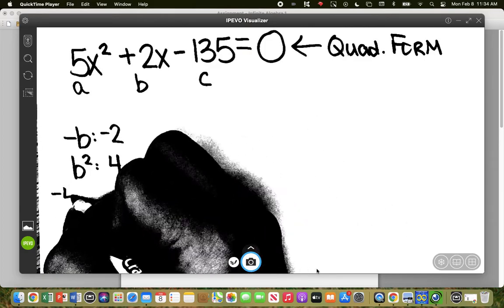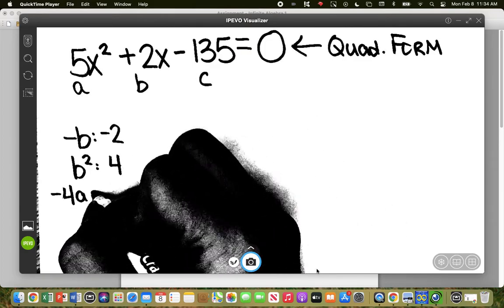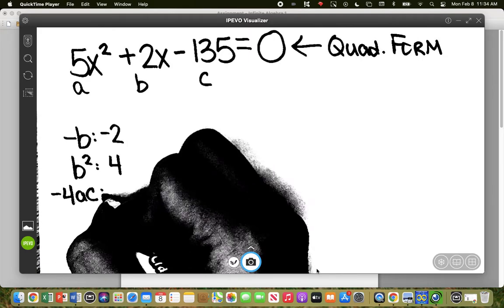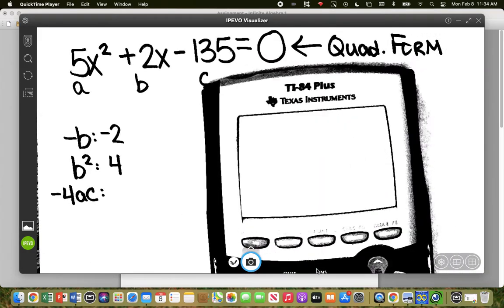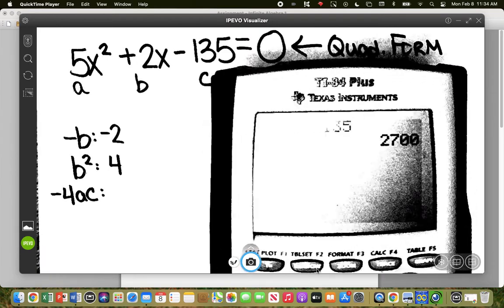Now we got to take negative 4 times A, which is 5, times C, which is negative 135. And I'll double check that. Negative 4 times 5 times negative 135. Positive 2700. Do you all agree with that?